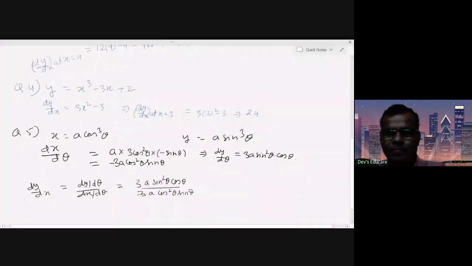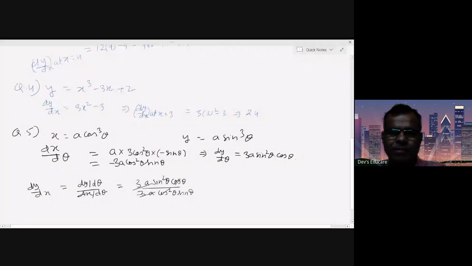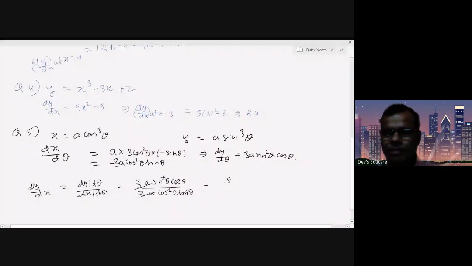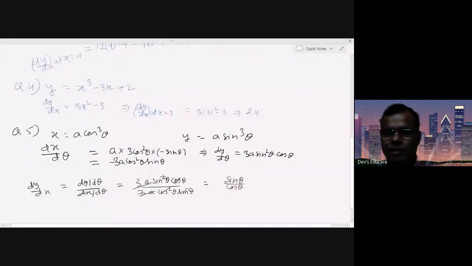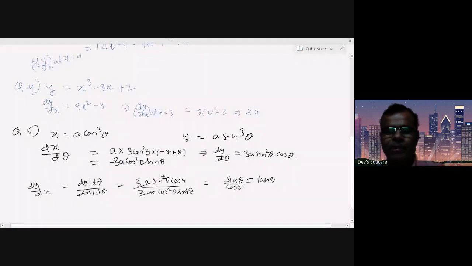So 3a got cancelled, cos theta got cancelled, sine theta as usual got cancelled. So we have sine theta upon cos theta, and that comes to tan theta. Now we have to find dy by dx at theta equals pi by 4.